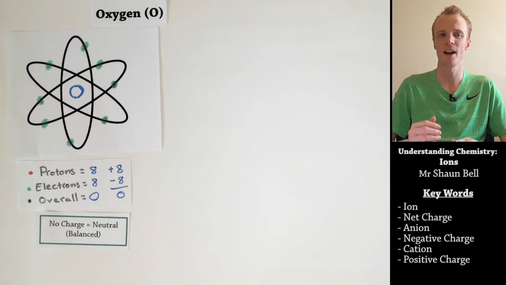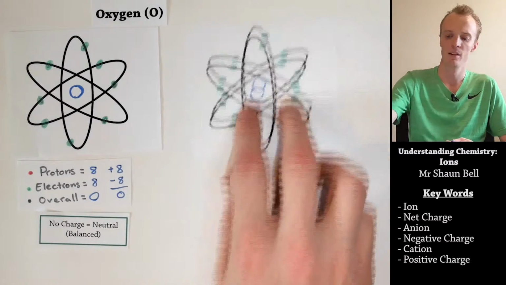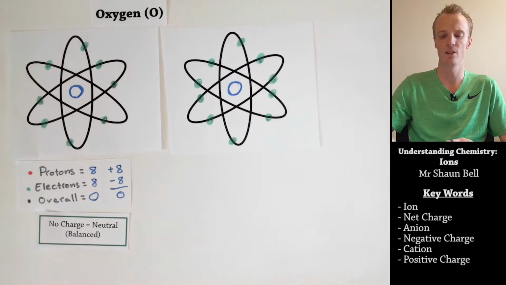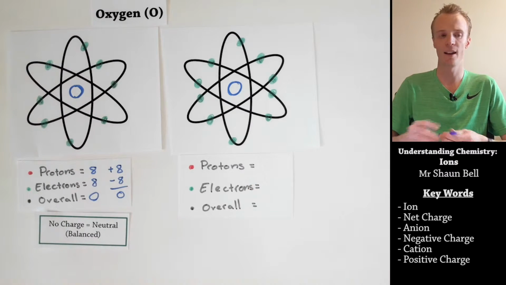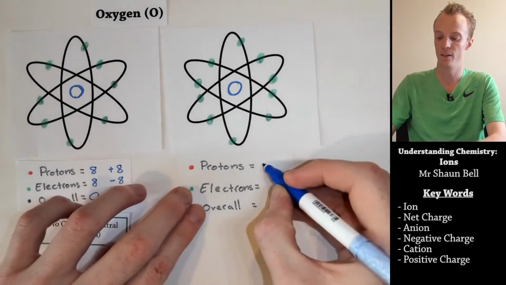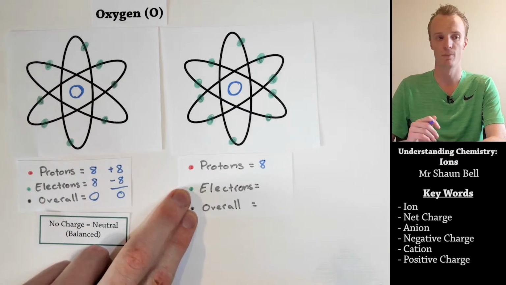However, sometimes atoms like oxygen can gain electrons. Oxygen in particular likes to gain 2 electrons, and usually does this by gaining them from another atom. So let's consider this diagram of oxygen where it's gained 2 more electrons. Let's start by counting the number of protons that it has. It still has 8 because that's what makes it oxygen.